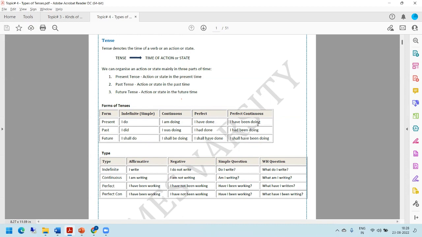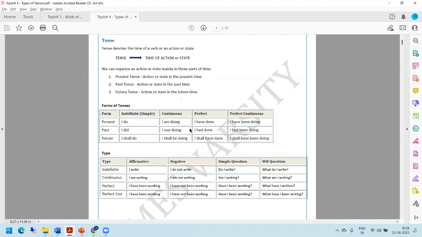And if I have been doing something for a period, like now this is our session number 4, I can say that I have been providing English training to this batch. That is perfect continuous.